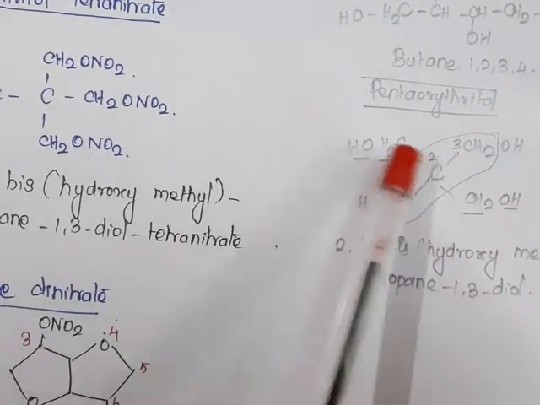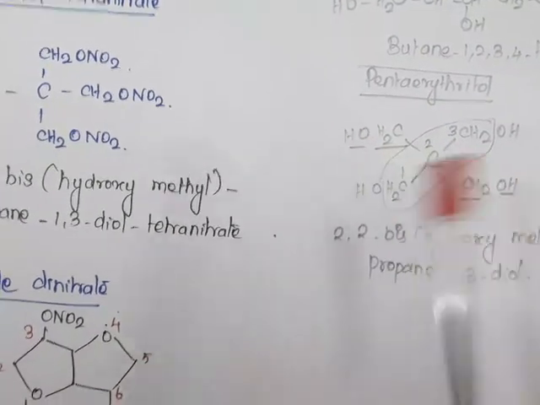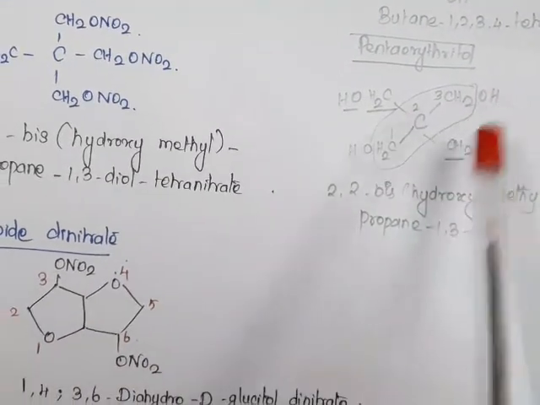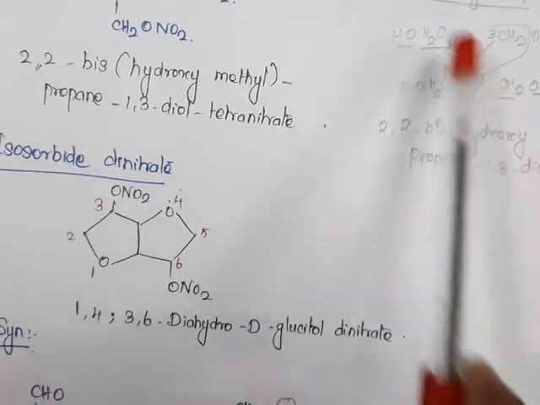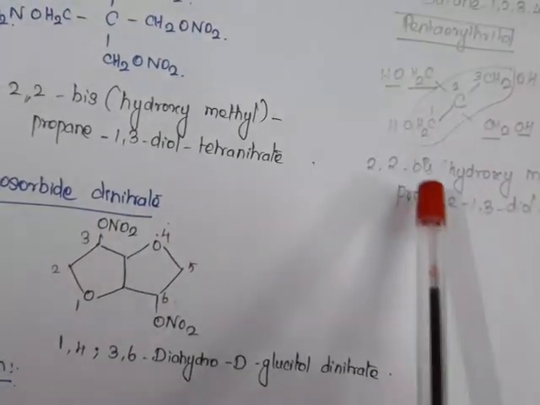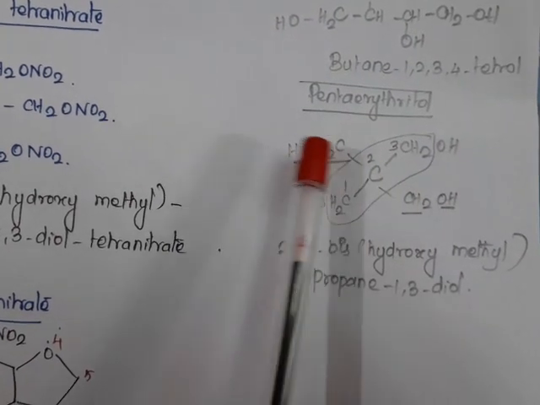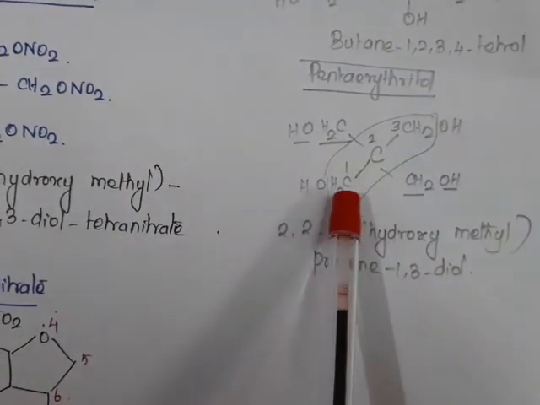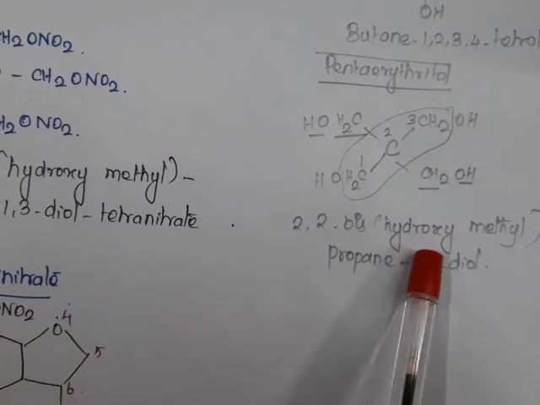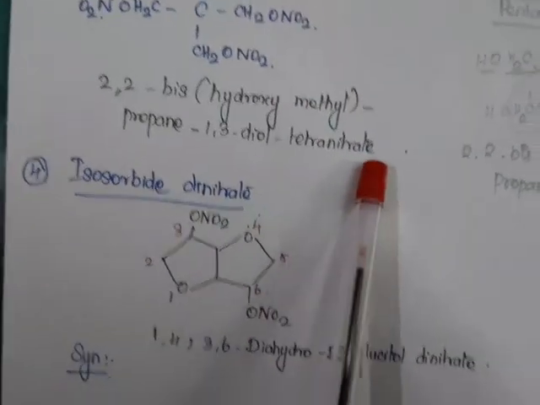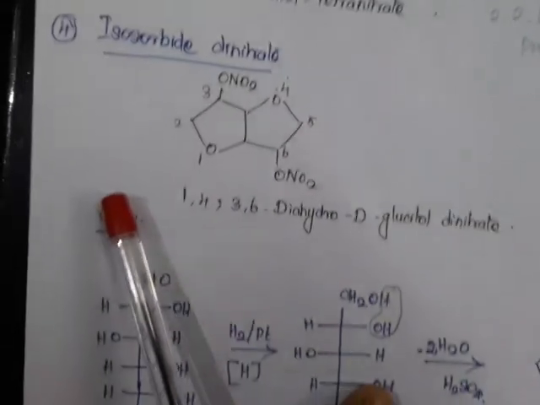That's why 2 bis hydroxymethyl, and here this is propane, and with the propane the first and third carbon is connected with OH. That's why propane 1,3-diol. So what is the chemical name of pentaerythritol? 2 bis hydroxymethyl, close bracket, then propane 1,3-diol. So that is the chemical name. With that, what is attached? NO2 would be attached. So it should end with tetranitrate.